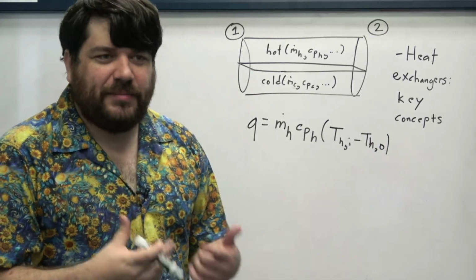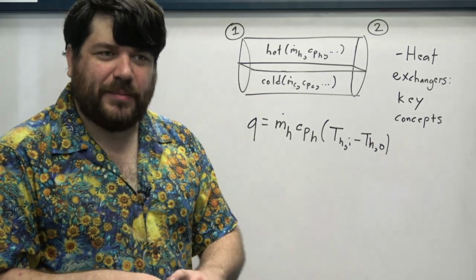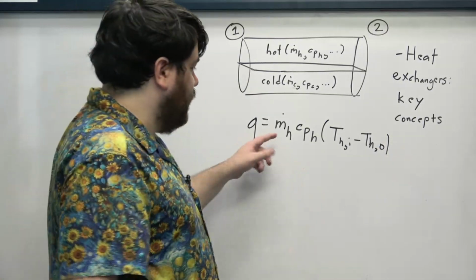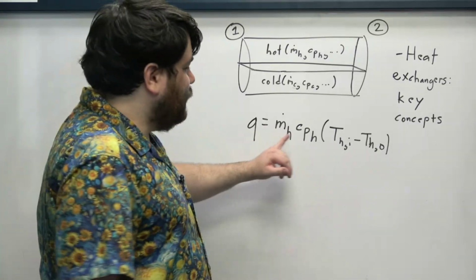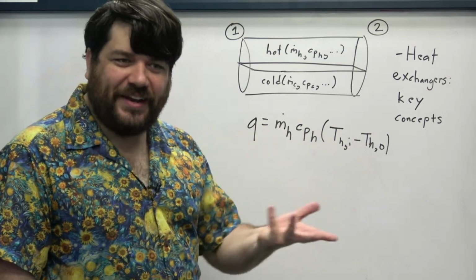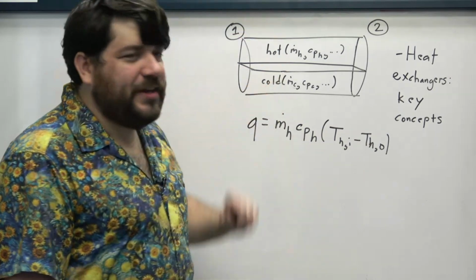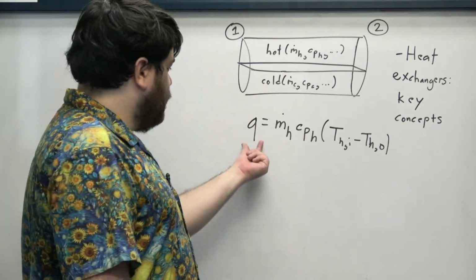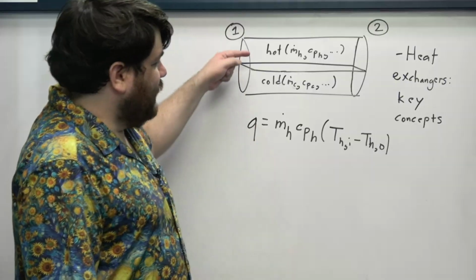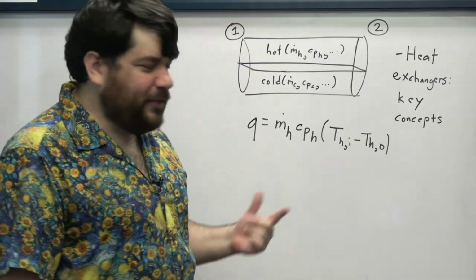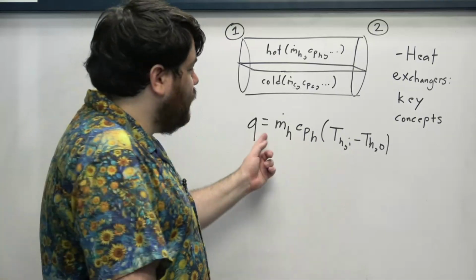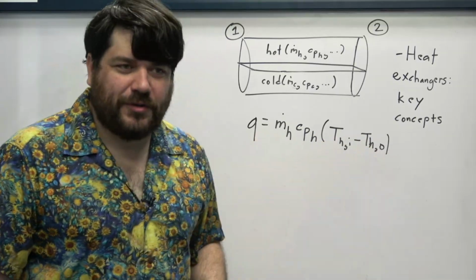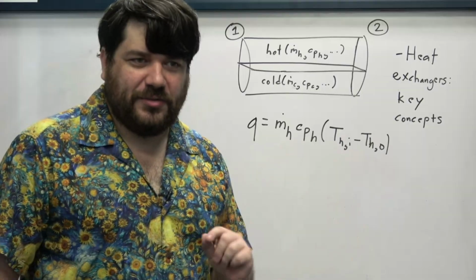This is coming from the same exact kind of energy balance that we talked about when we were dealing with internal flow. Thermal energy leaves the hot liquid, and it has to leave via heat exchange with the cold liquid. And so the heat transfer rate to the cold liquid from the hot liquid can be determined only by looking at the change in the temperature of the hot liquid from the inlet to the outlet.